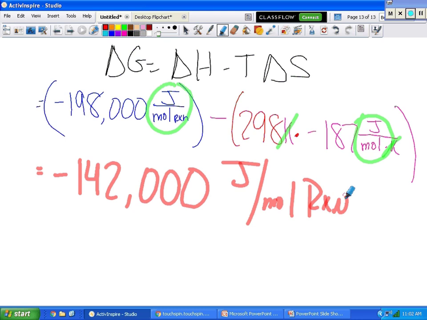Okay with this? In fact, I would have left it as negative 142 kilojoules is how I would have put it. That's what I would have done. Either way, they're the exact same answer. Now, the more desired is kilojoules.